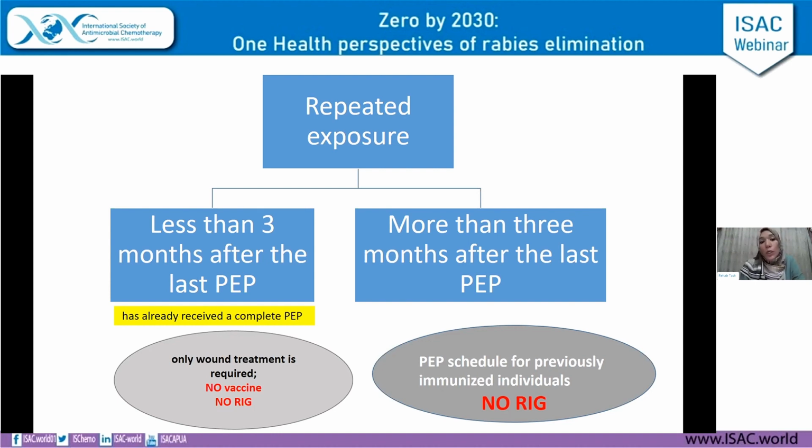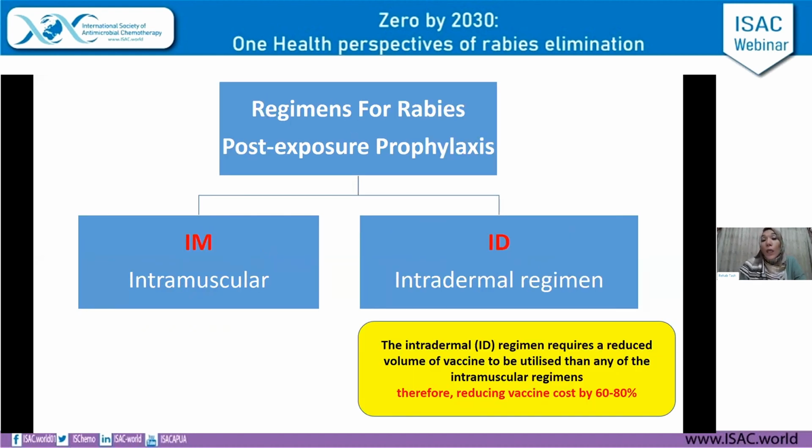If he has already received the complete post-exposure prophylaxis before, nothing is needed, no vaccine, no rabies immunoglobulin, just wound care as we discussed. If more than 3 months, that means the antibody level is waning in the serum, so you should give the post-exposure prophylaxis for previously immunized individuals, as we will see in a minute, but there is no need for rabies immunoglobulin.